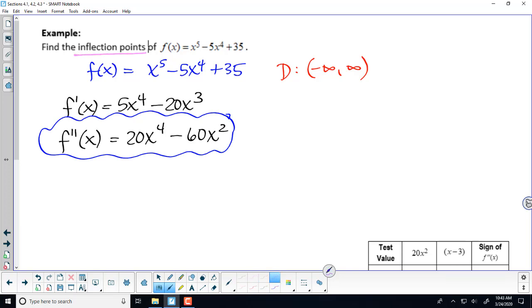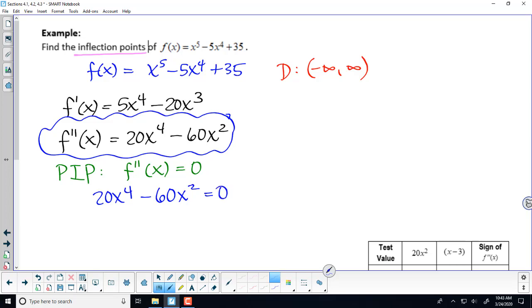We want to find potential inflection points, those x values that make the second derivative equal to 0. So 20x to the 4th minus 60x squared equals 0.